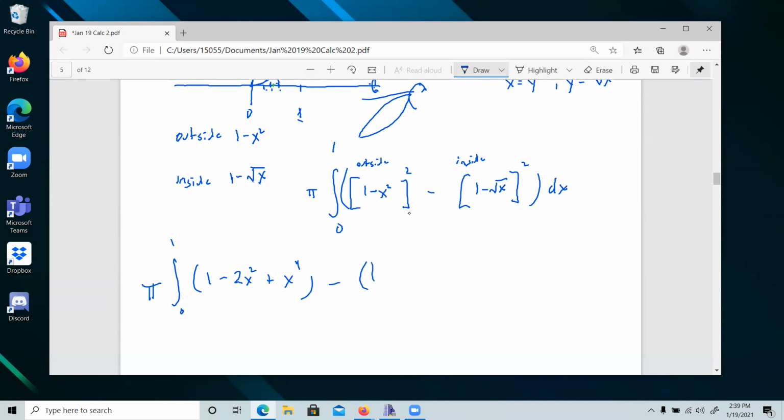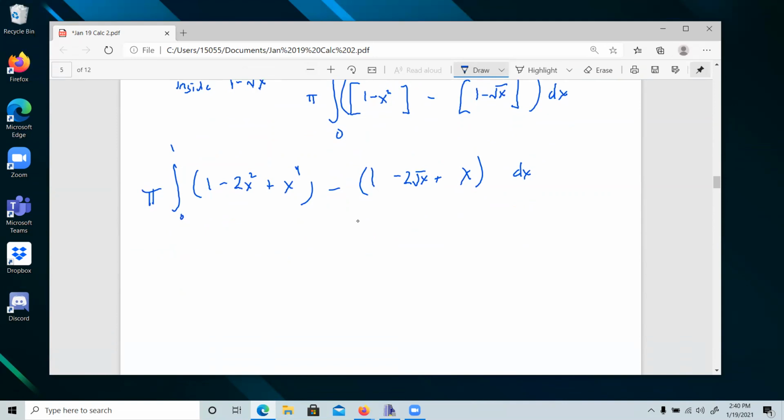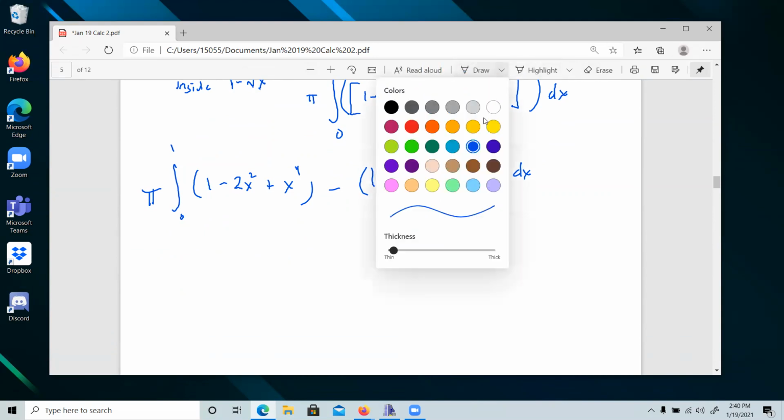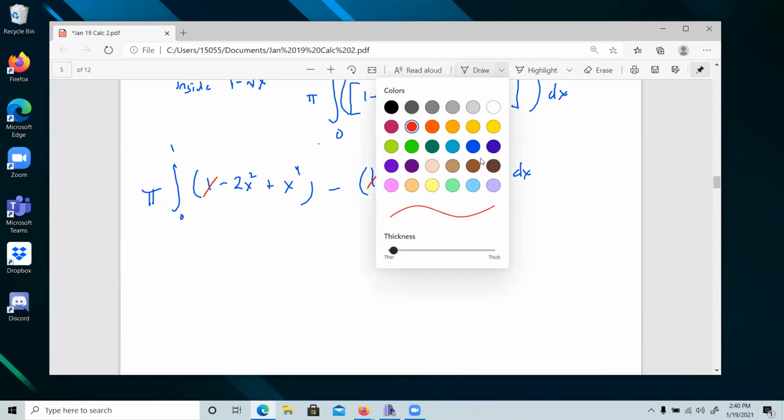Minus 1 minus 2 square root of x, that's what's there, plus x. Not the worst thing in the world, not the best thing in the world. So what do we have here? We have a 1 minus 1. Hey, that cancels, doesn't it? So that's good. Let's use red. We'll cancel that. I don't think the rest of this is canceling. So we're kind of screwed on that one.